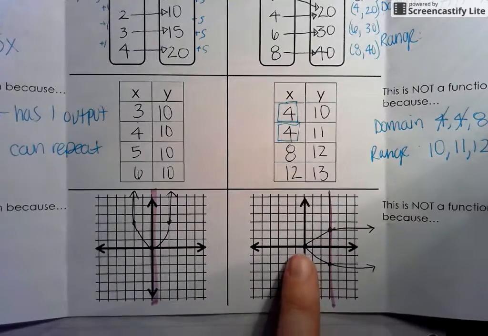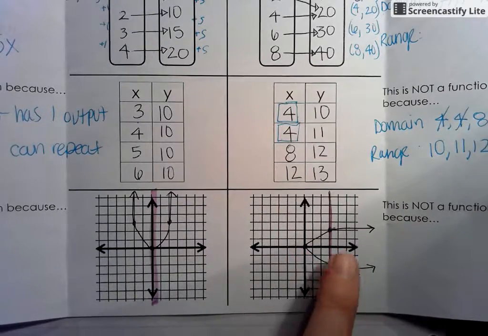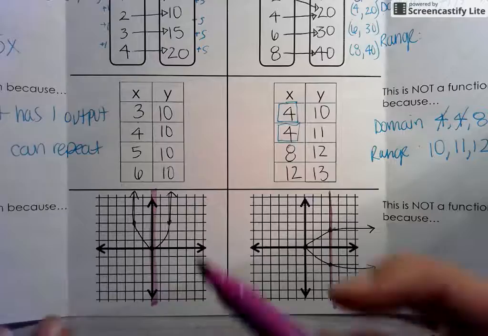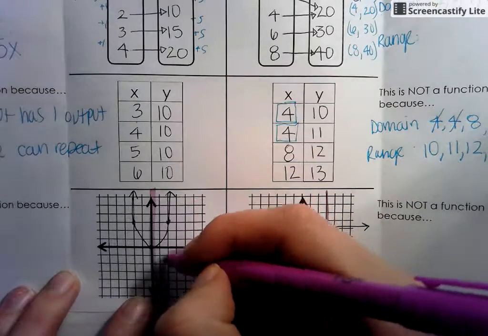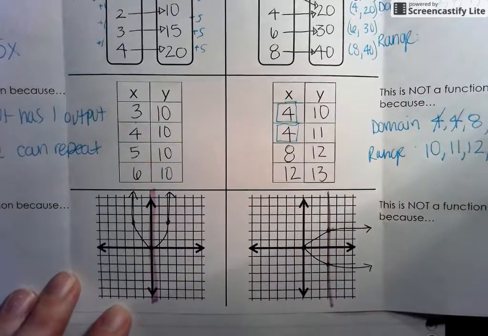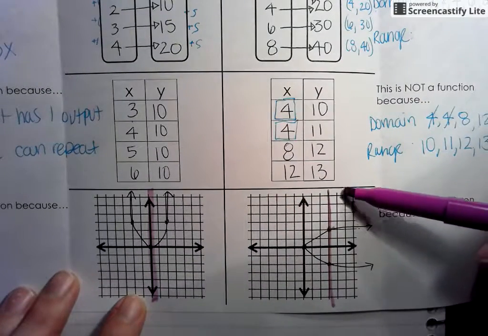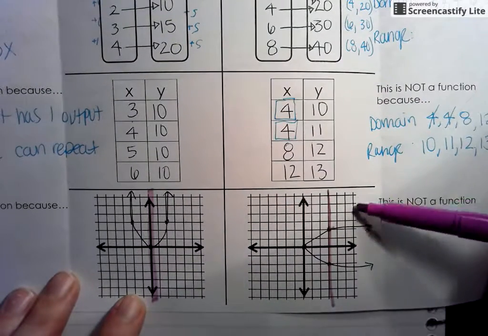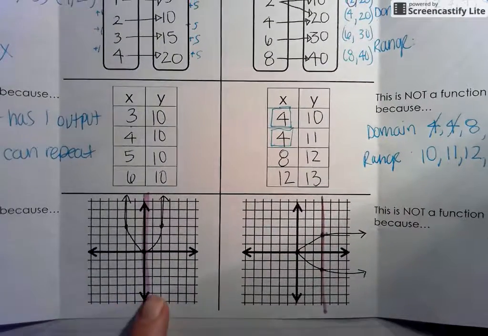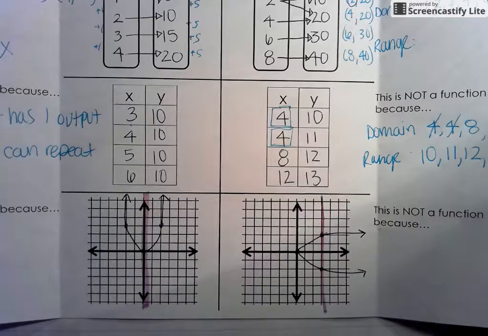In this case, there would be 2 points that have the x value of 3. So this would not work. If I were to draw the vertical line here, it would only go through 1 time. If I were to draw it through here, it'd only go through 1 time. If I were to draw it through here, it'd go through twice. Here, it goes through twice. So this graph is not a function. This one would be a function because it only goes through once.